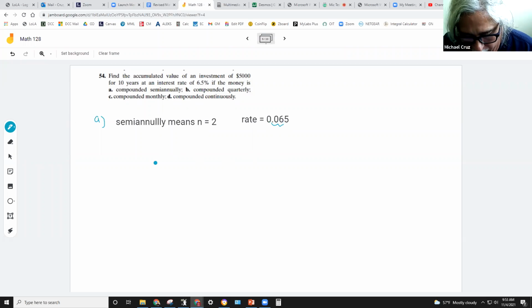So now we're going to put 1 plus 0.065 over 2.